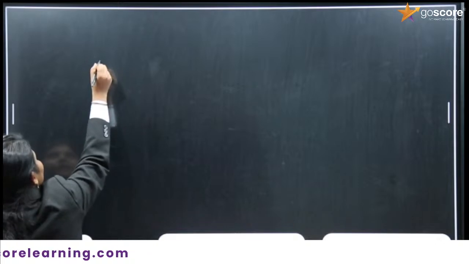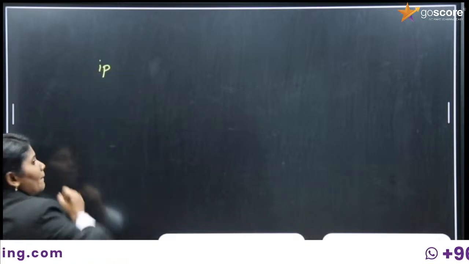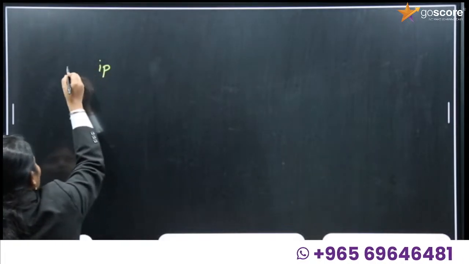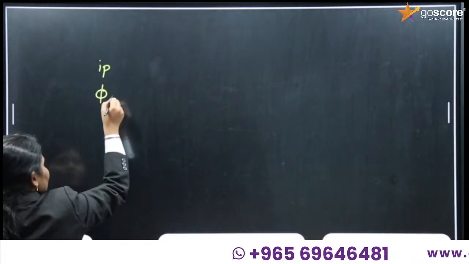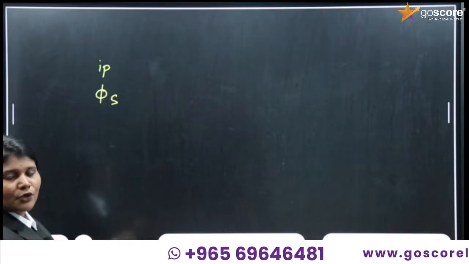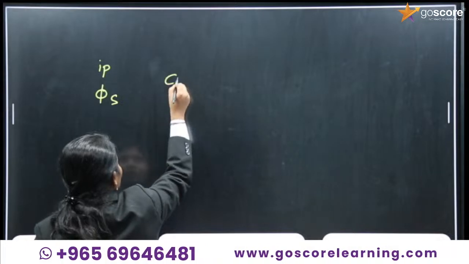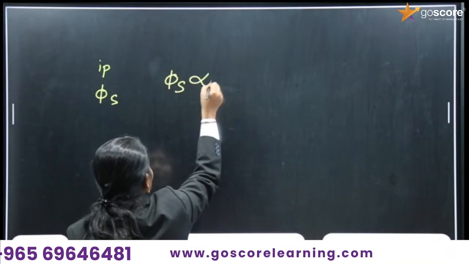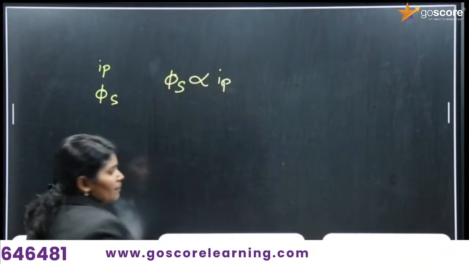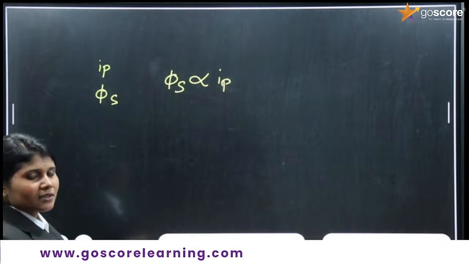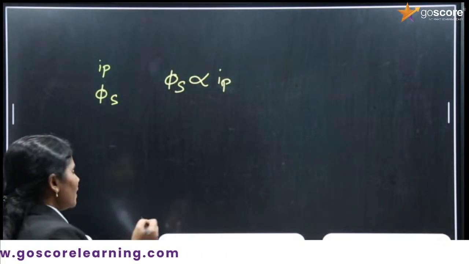So, current is given to the primary, and flux is produced in the secondary. Then what is the relationship? Phi S is proportional to the primary current. Secondary coil flux is proportional to the primary current.